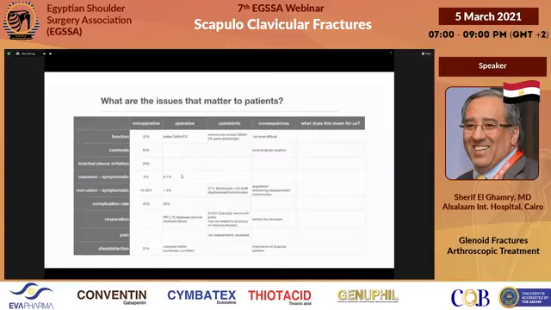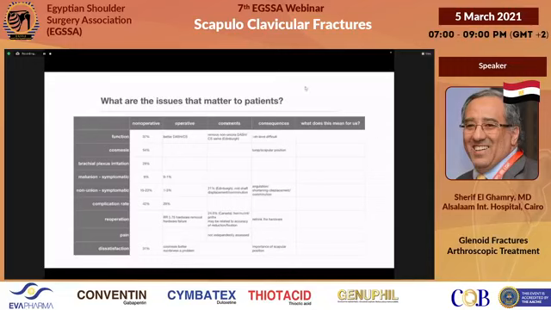From the literature, we get some impressions about what outcomes are truly the case after non-operative management. We see that about half of patients are worried about how it looks. About a third of patients are concerned about some diminution in overall shoulder girdle function.